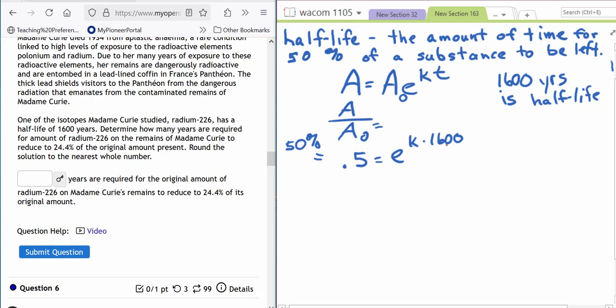Right? And so we're going to solve for the K value on this one. Sometimes they give you the K value, but here they did not. So we're going to solve that first.